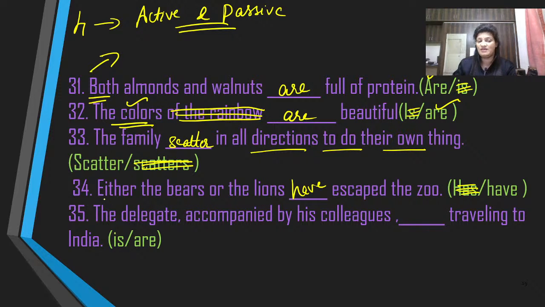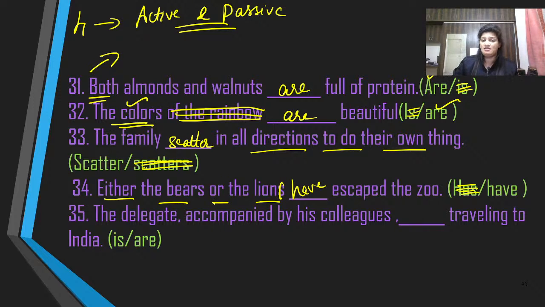See, usually you will have either-or option. If both the subjects are singular, supposing you have, either the bear or the lion, here you have both singular subjects. In this scenario, you will pick any one. It doesn't matter. But the problem arises when you have one plural and one singular.